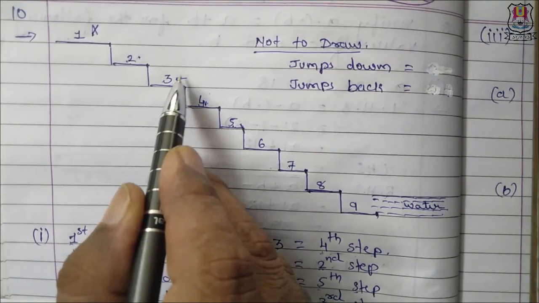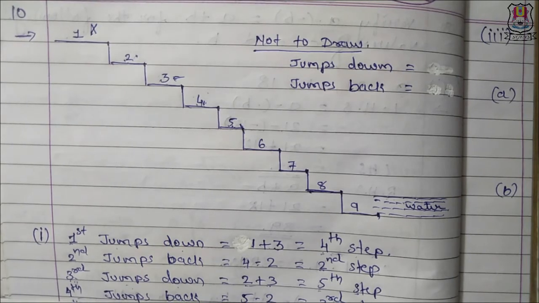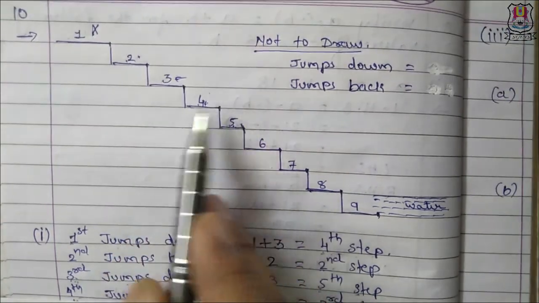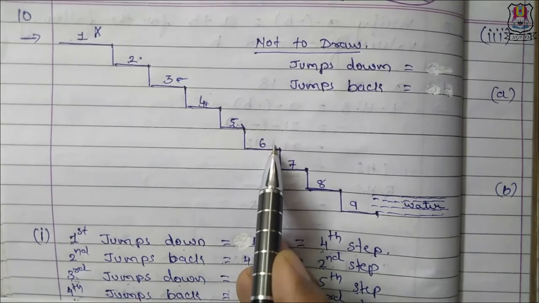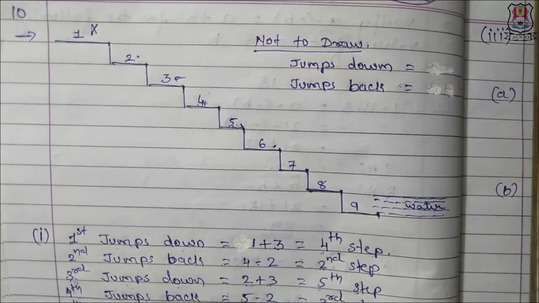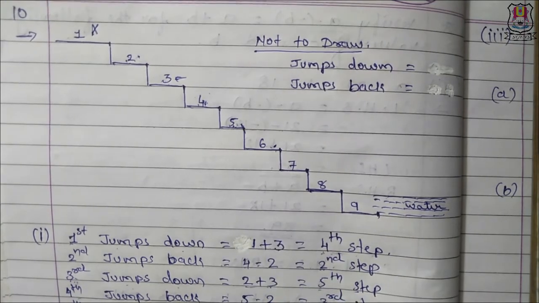If he jumps again, now from the 3rd step, if he jumps back again 3 steps down, so 4, 5 and 6, now he is over here. So on the 5th jump he jumps down. So from 3rd step, 3 plus 3 is the 6th step.